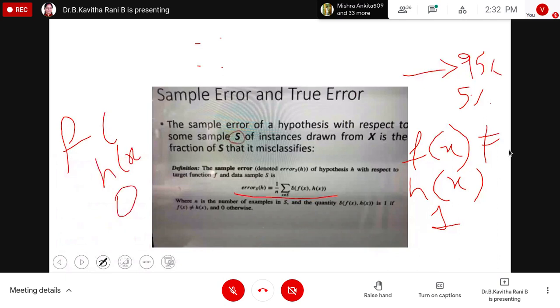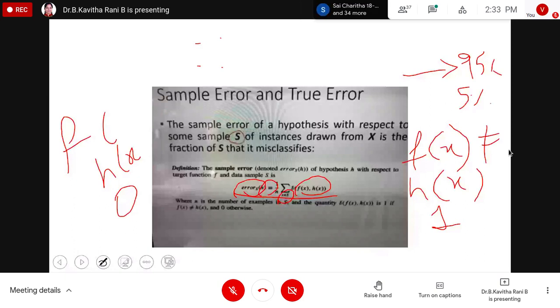Error is defined as the average of all training example errors, where x belongs to the sample data points. So this is the formula by which we will be finding the sample error. So this is called sample error.